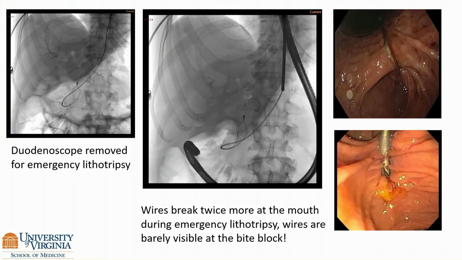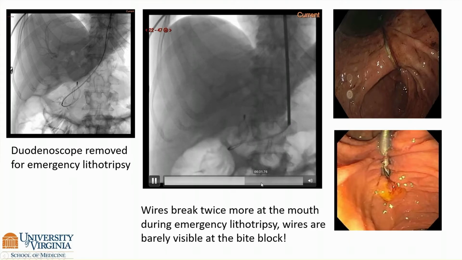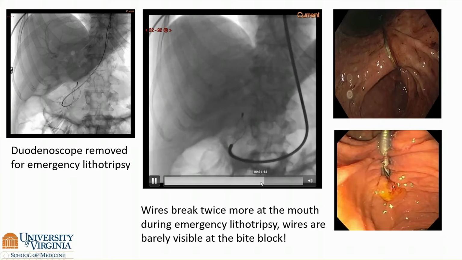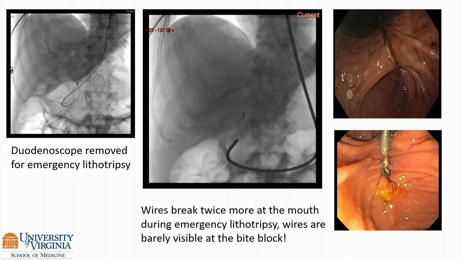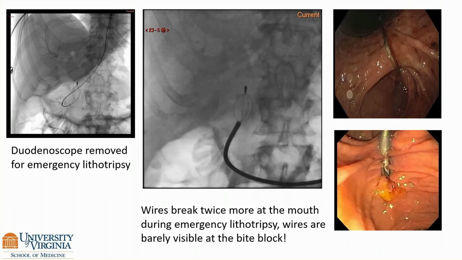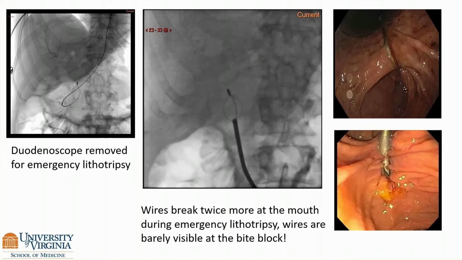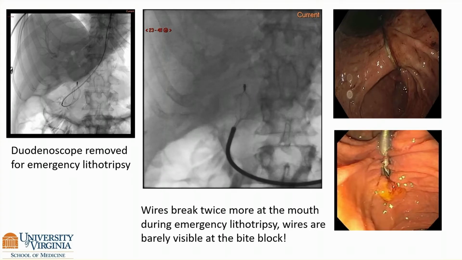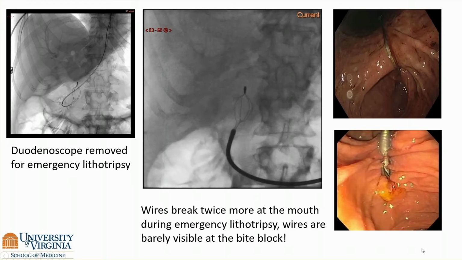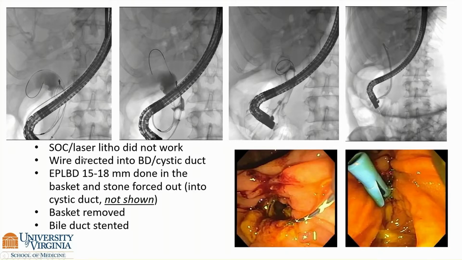So this is the first attempt. And this is the second one where we're going through. You can see us getting up in the duct, and as we crank, the wires break. So at this point, the wires are barely visible at the bite block. We put a Kelly clamp on the wires, and then we're left to think what next. Here you can see the wires in the stomach.